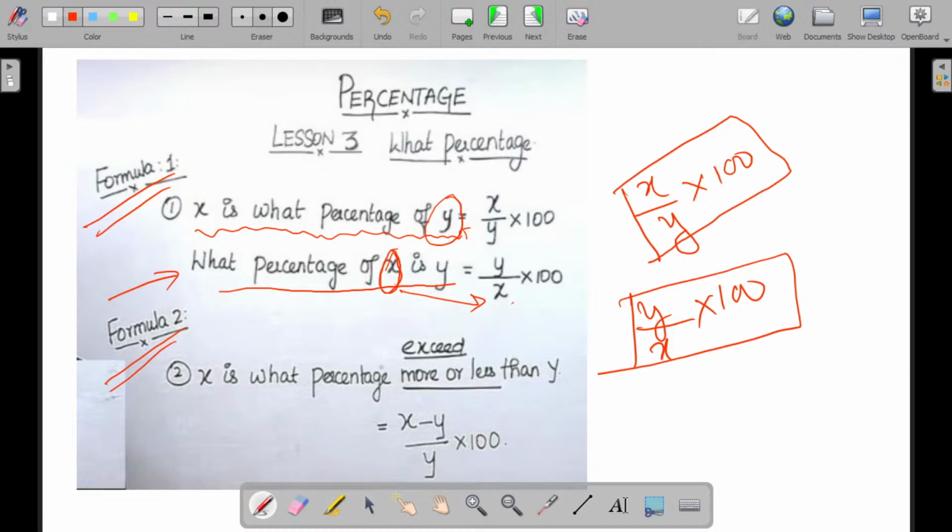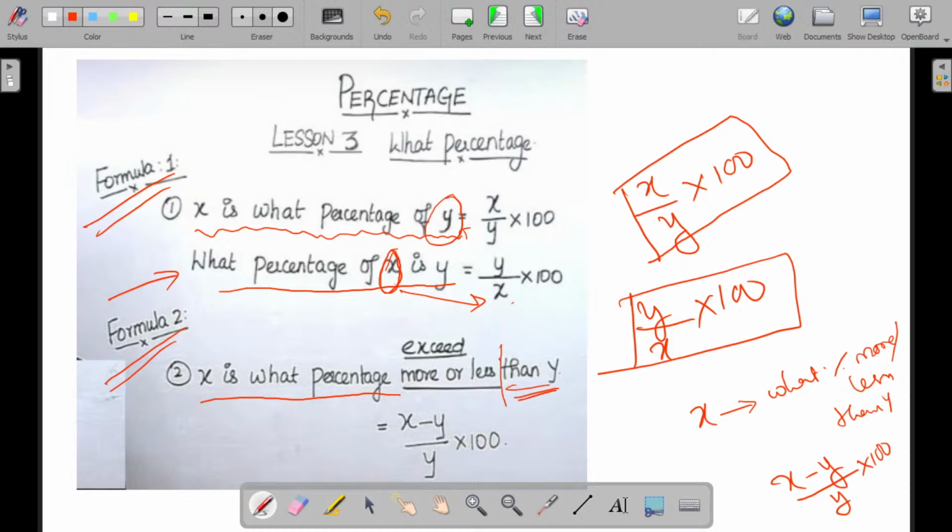One more formula: x is what percentage more or less than y? Then y is the denominator, and the formula is (x minus y) divided by y into 100.